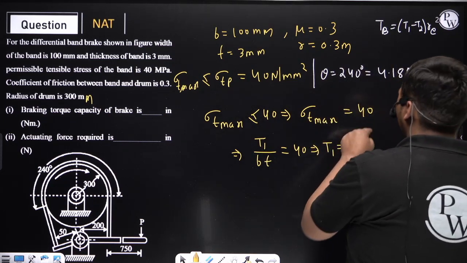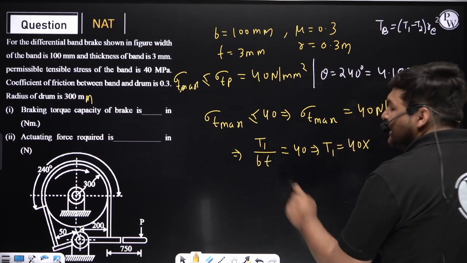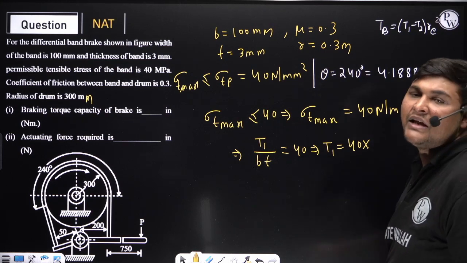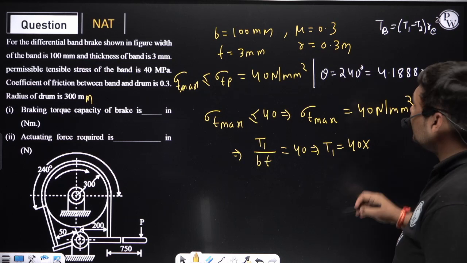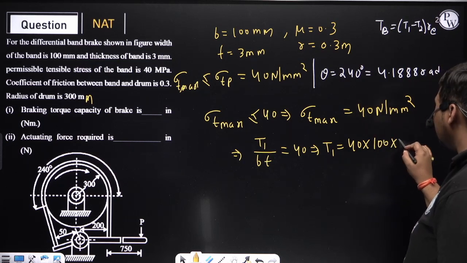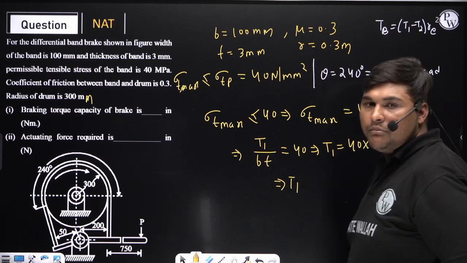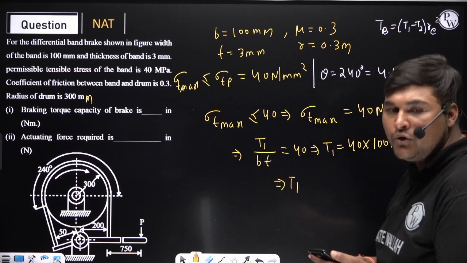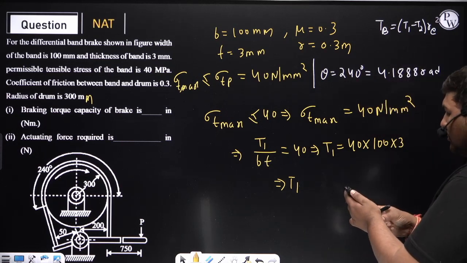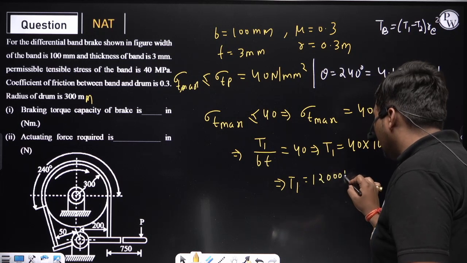Since 40 is in Newton per mm square, we take width and thickness in mm: 100 mm and 3 mm. So T1 comes in Newton, and it is 40 into 100 into 3, that is 12,000 Newton. It is the value of T1.